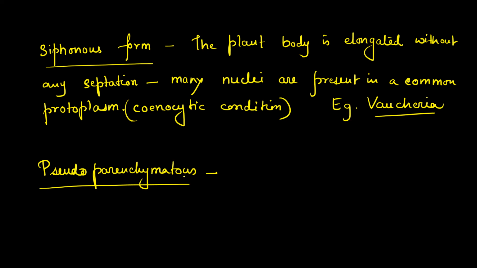The plant body consists of one main pseudoparenchymatous axis and all others are side branches. Clear?